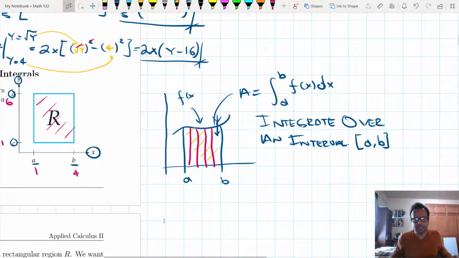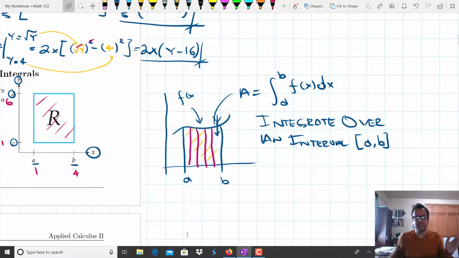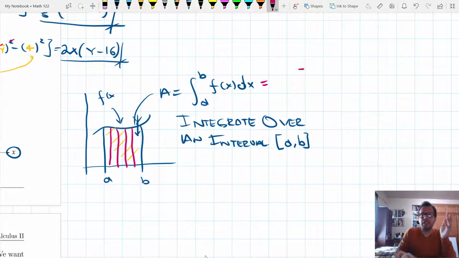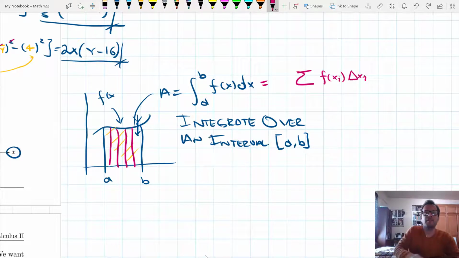And every time we get closer to many, many rectangles. So the idea is to sum f of x sub i times delta x sub i. That's the length, okay, let me denote this, length, and times the width of the rectangle.